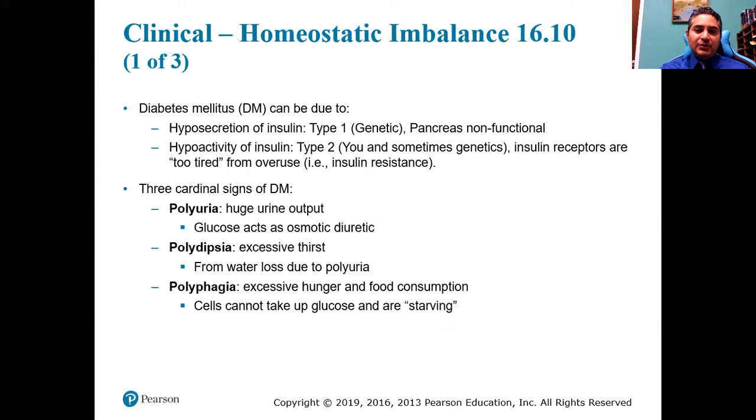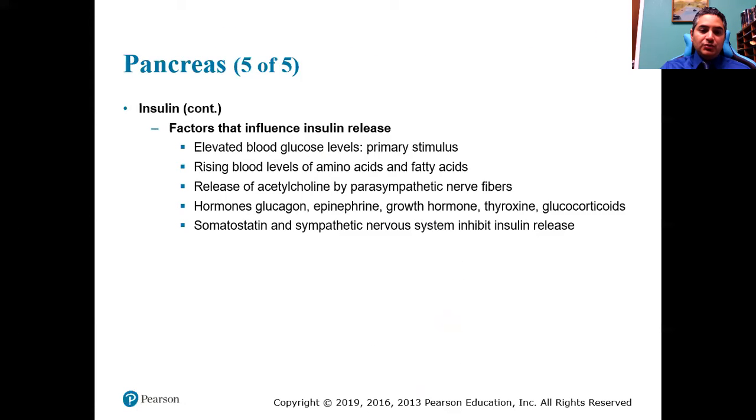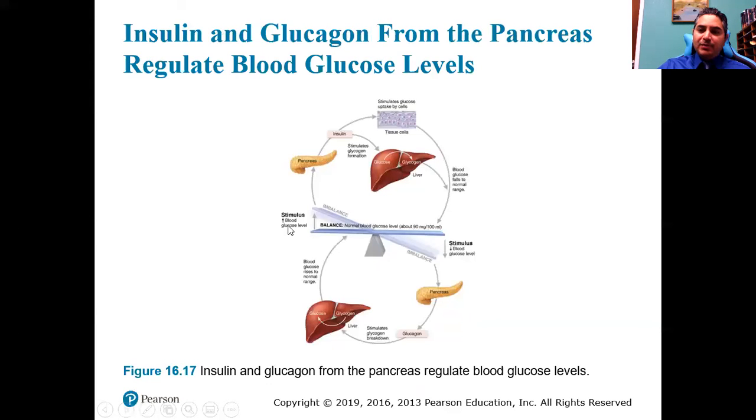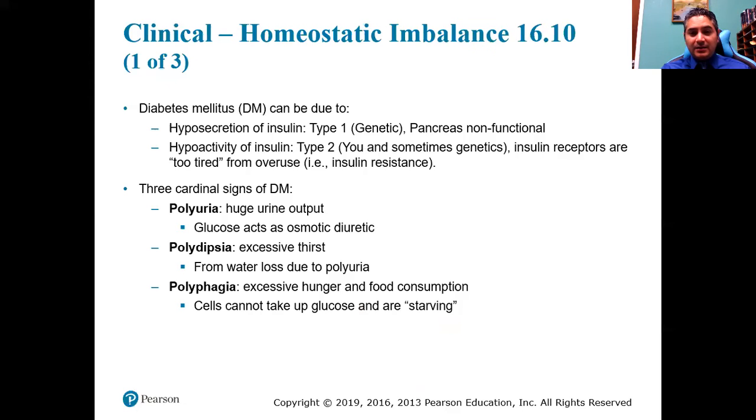Because remember what insulin is doing, it's responding to high blood glucose levels, large amounts. You want these taken in by the cells, and there are these receptors. But if you've been living a lifestyle of drinking sodas and eating unhealthy, lots of different sugars into your body for years and years, decades and decades, well, things have a limit.